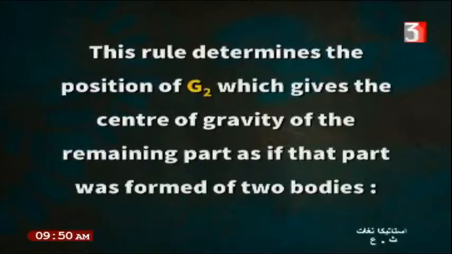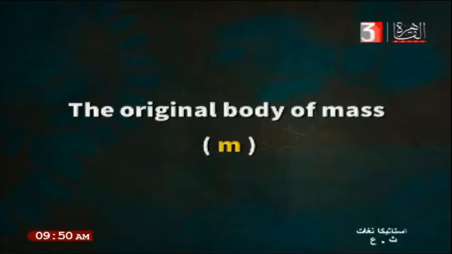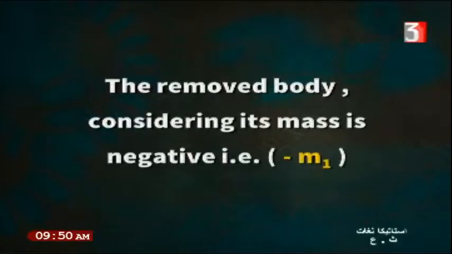This rule determines the position of g2, which gives the center of gravity of the remaining part as if it were formed of two bodies: the original body of mass m, and the removed body, considered to have negative mass. This is called negative mass, negative m1.